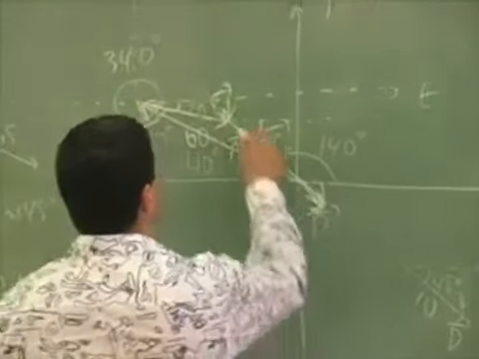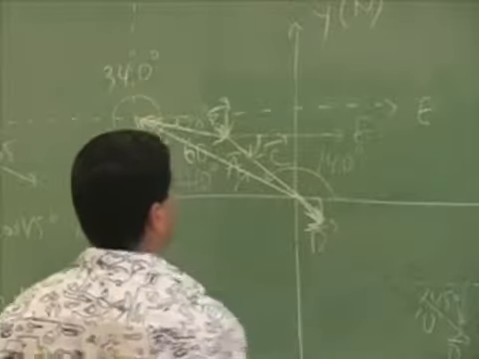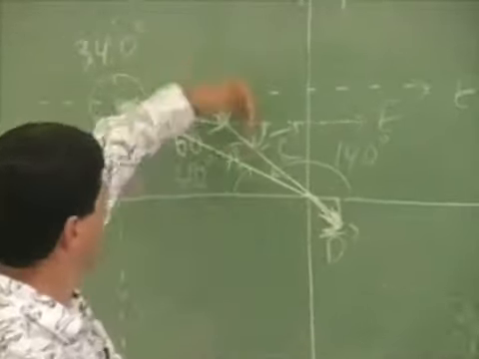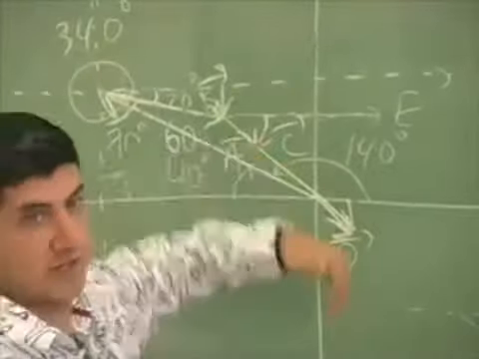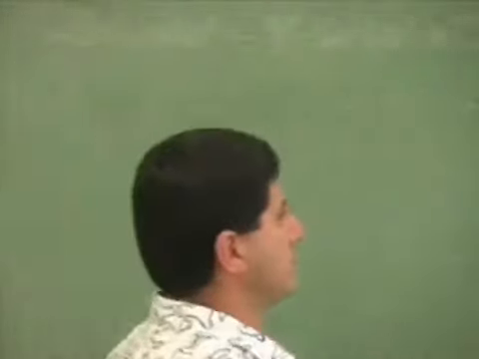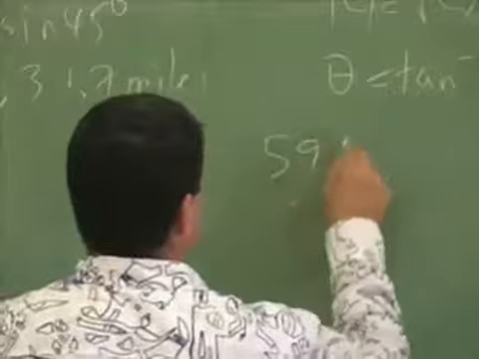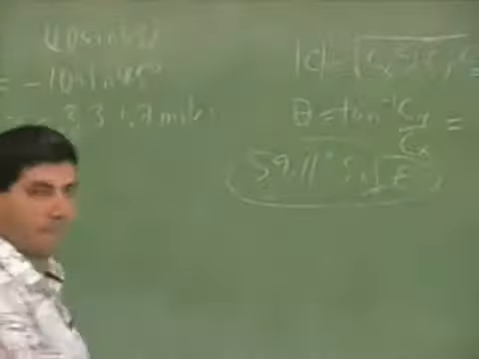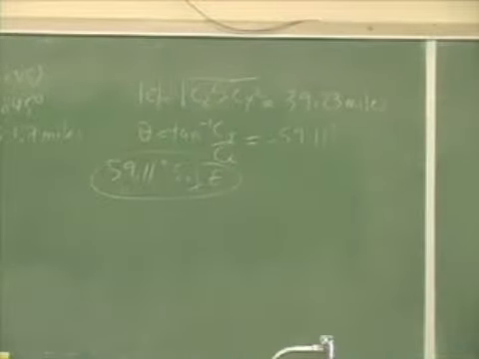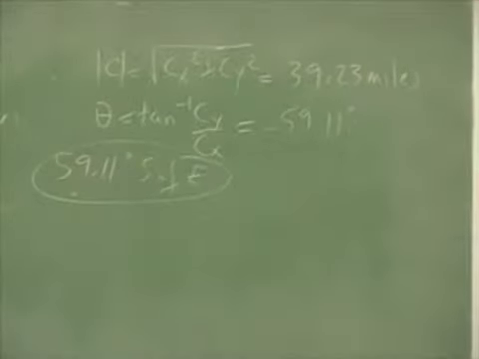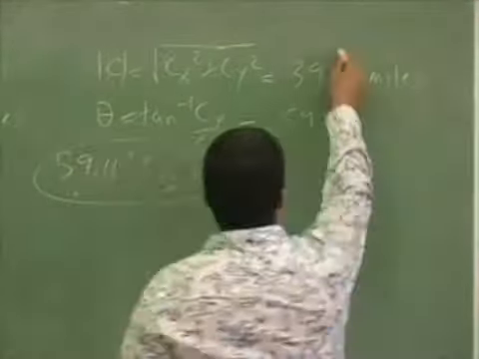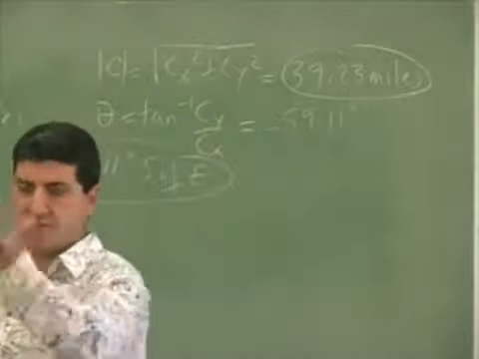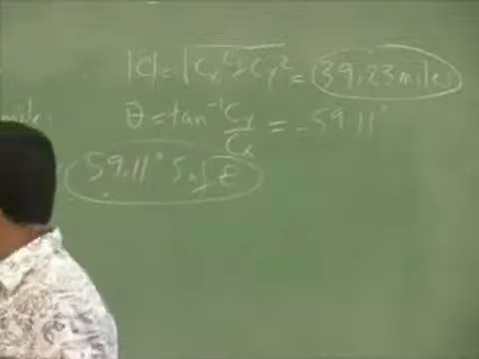This is east, right here. 59.11 degrees, what is that? South of east, yeah. That's the final answer. So the car needs to go 39.23 miles at 59.11 degrees south of east to get to his final destination.